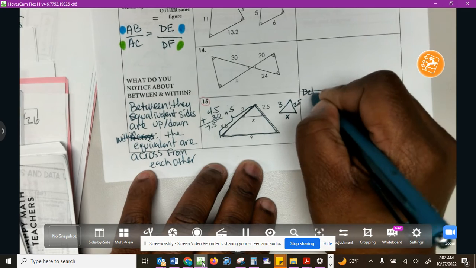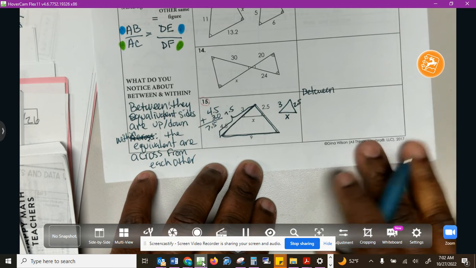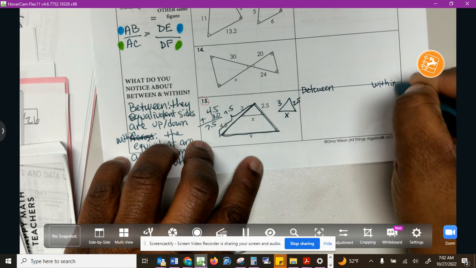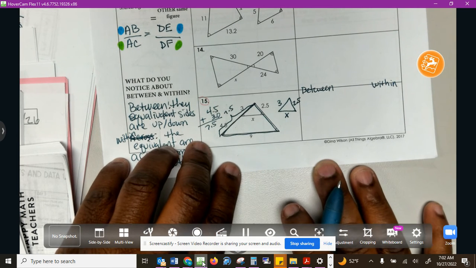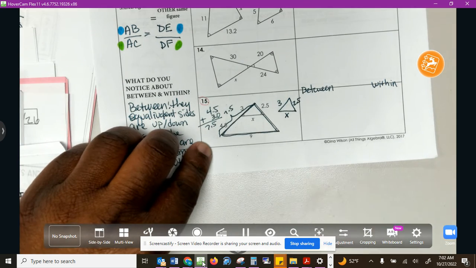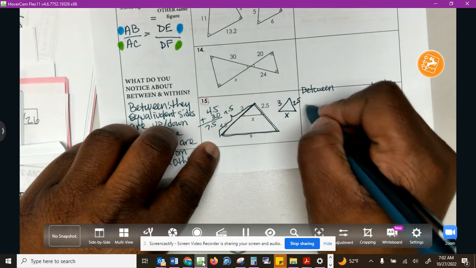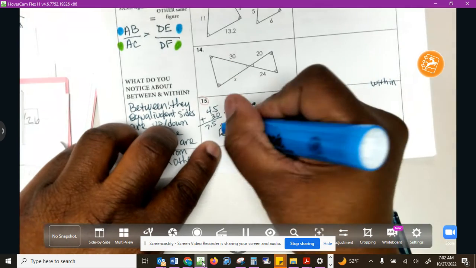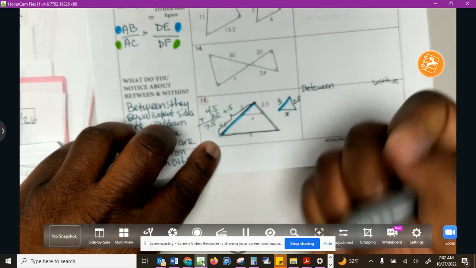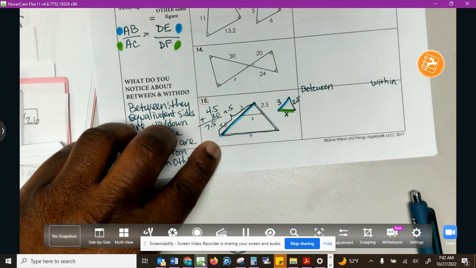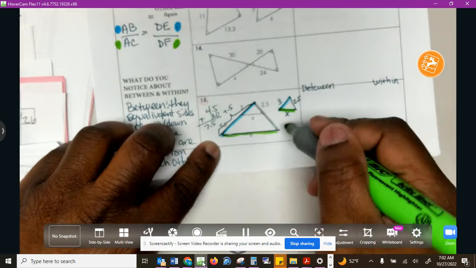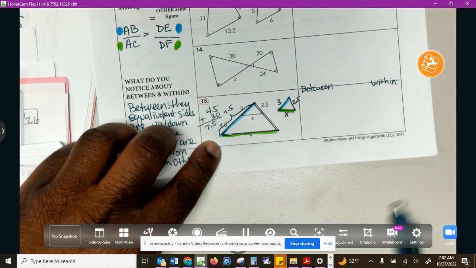I'm going to do between again, and I'll show it with both. I'll show between and within so you can see the difference. So between says one from each one. So I'm going to use 7.5 because, again, now I have them separated. I can identify what goes with what. I'm really only going to use these two sides, especially since I don't have the rest of that other side.